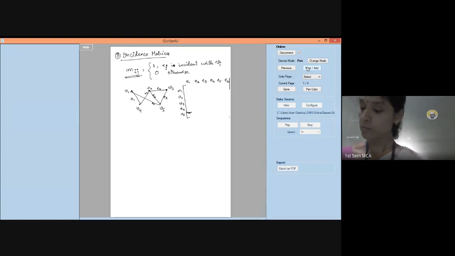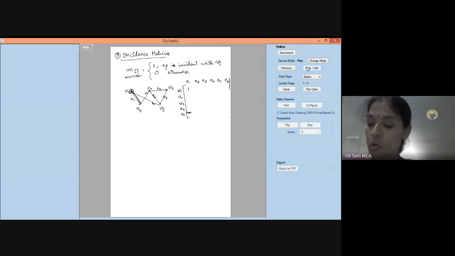Now, V1. If you see, E1 is an edge which starts at V1, so you will mark this entry as 1. To make it very simple: when you consider V1, what are the edges starting from V1?